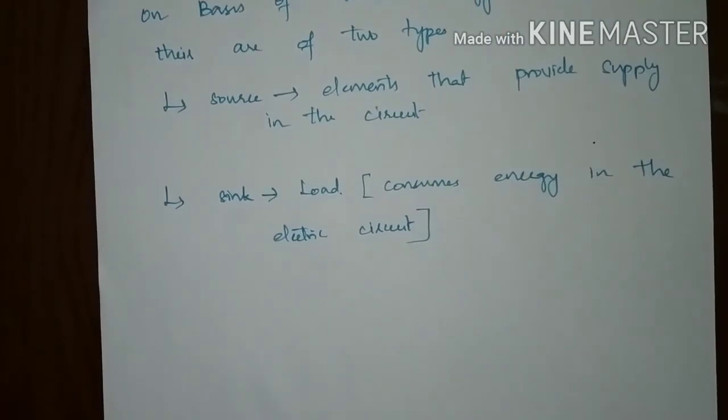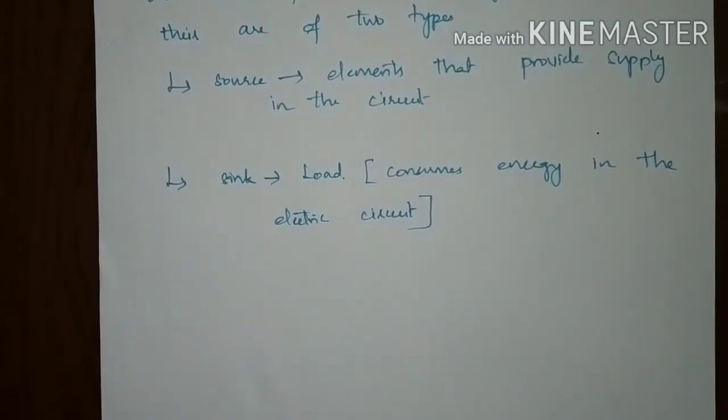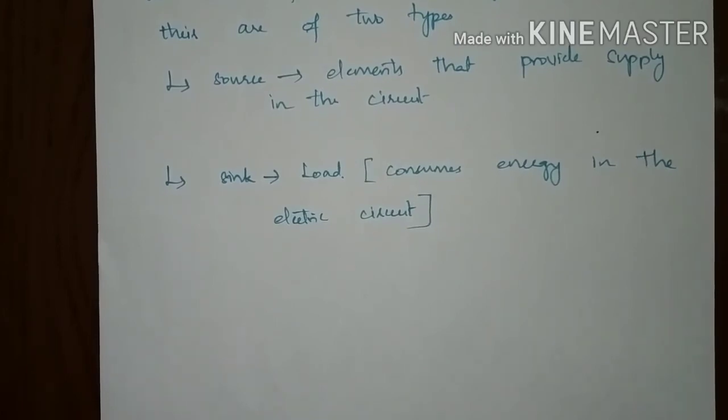These are the two types of elements present in the electrical circuit based on electrical energy transferred. A source element can also be identified this way: if the directions of voltage and current are the same in an element, that element is termed a source in the circuit.